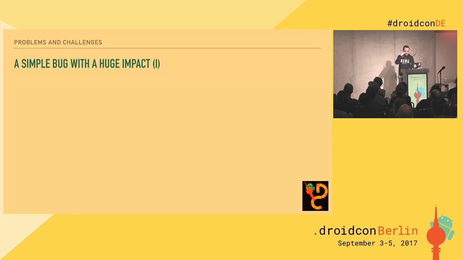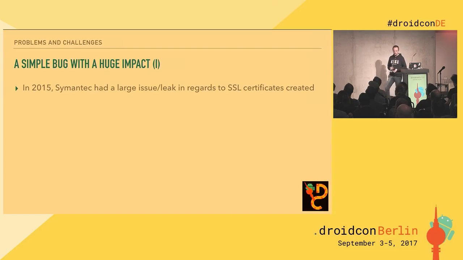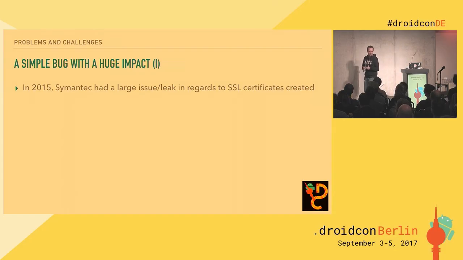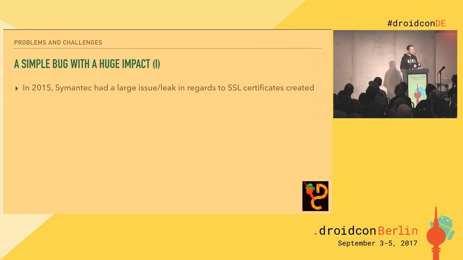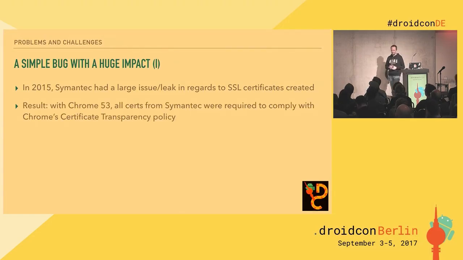One really nasty issue people ran into with Webviews recently is an SSL certificate issue. So in 2015, Symantec had a massive problem with SSL certificates they created. They pretty much leaked information, and people got certs for organizations they shouldn't have got. As a result, Google said, you know what?